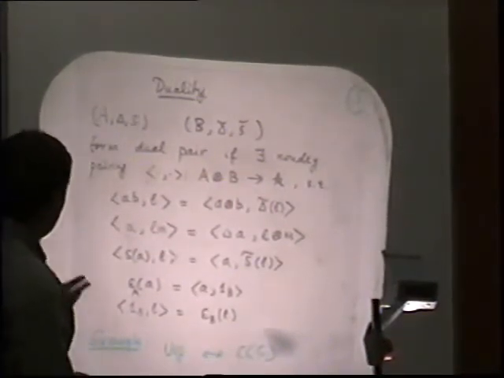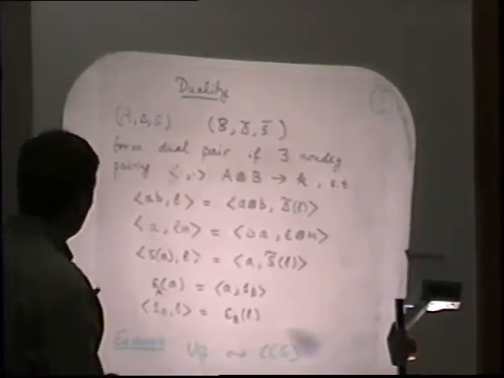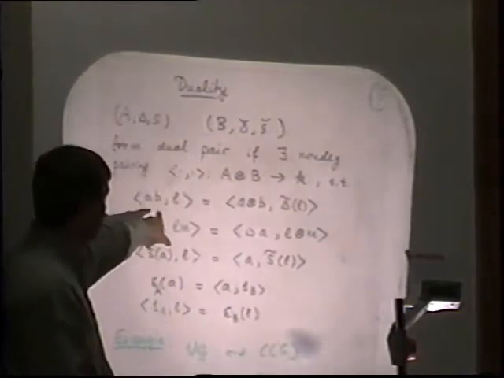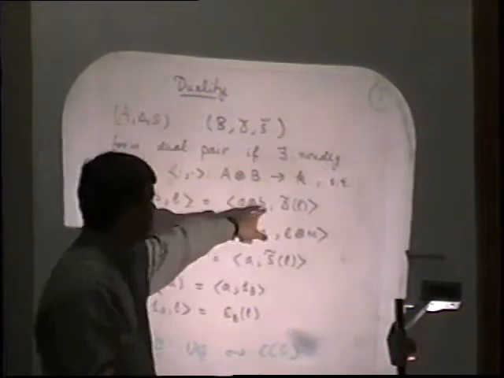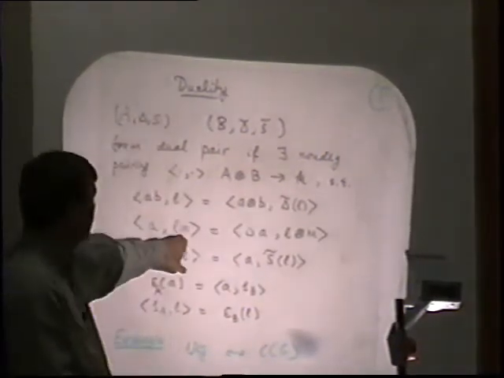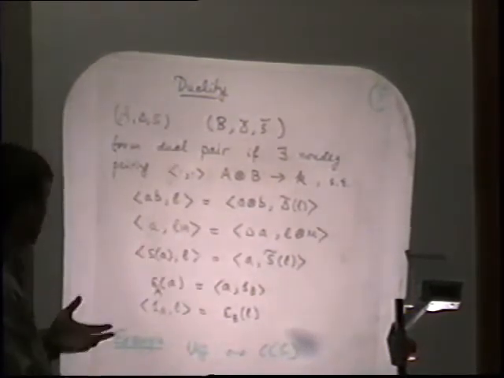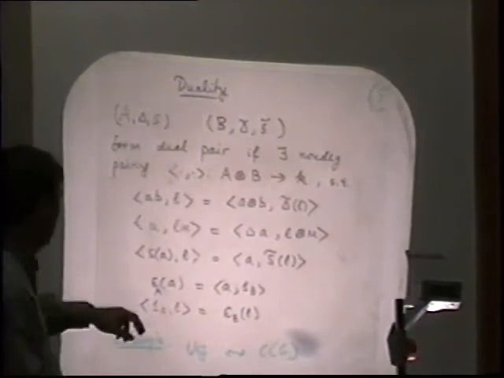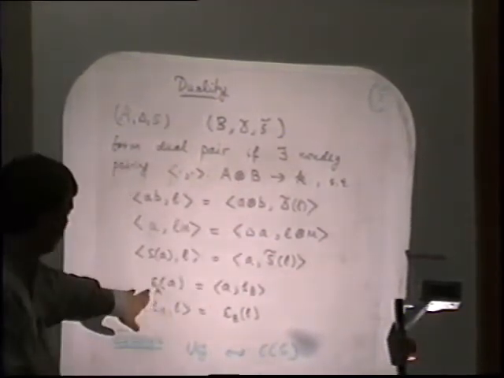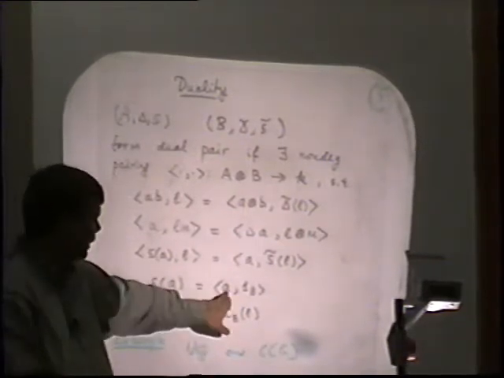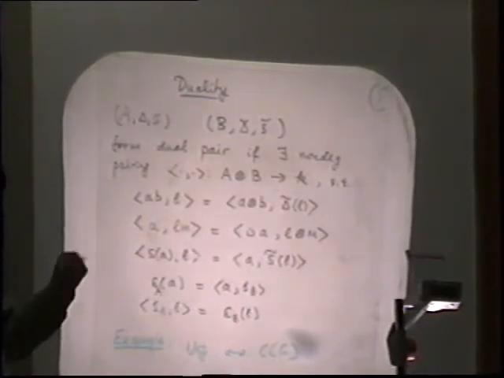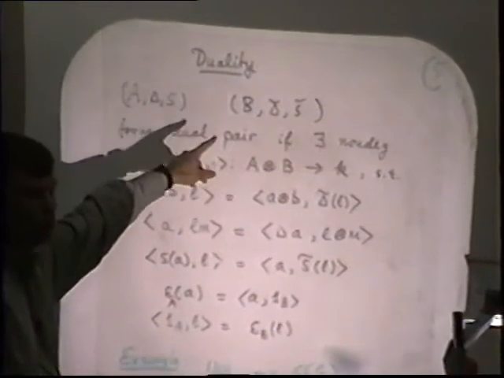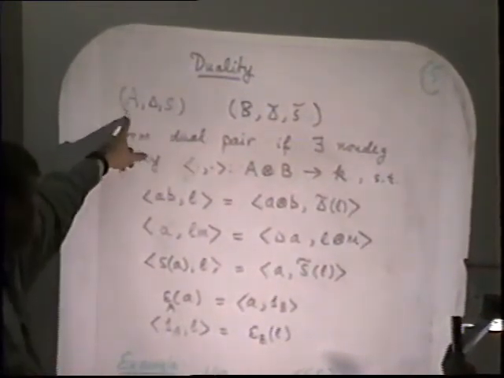Two bialgebras are called a dual pair if there exists a non-degenerate pairing between these vector spaces such that the co-multiplication on one algebra corresponds to the multiplication on the other, and a multiplication in B corresponds to the co-multiplication in A. Corresponds means just the dual map, and S tilde is dual to S. So you can say that the co-unit in A is the same as the dual to the unit in B, and the unit in A is dual to the co-unit in B.